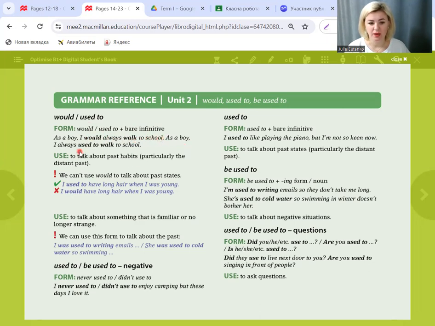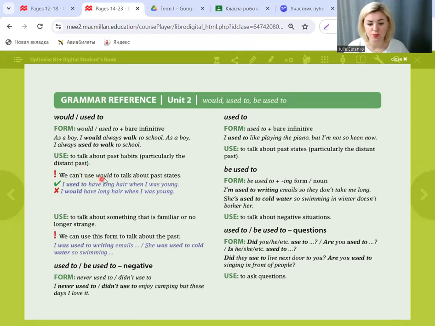As a boy, I always used to walk to school. So, we use would and used to talk about past habits, particularly the distant past.